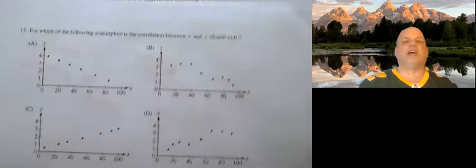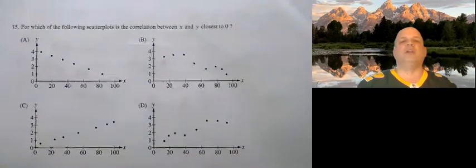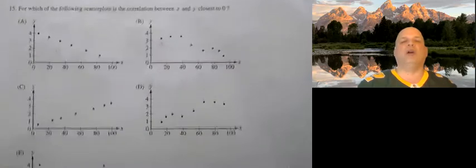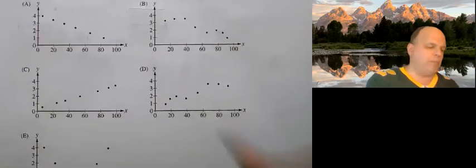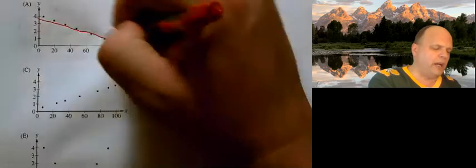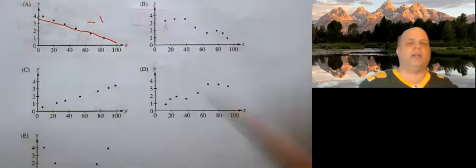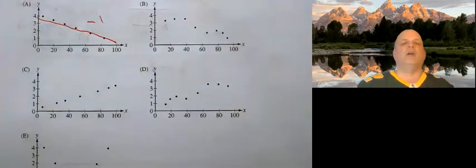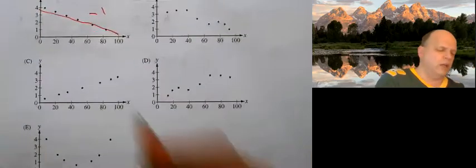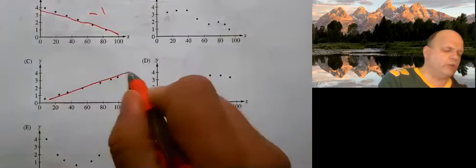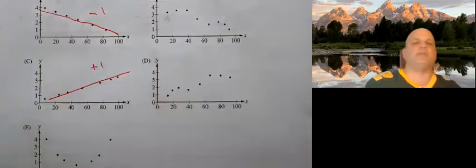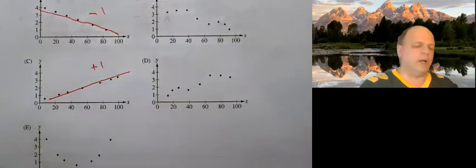For which of the following scatter plots is the correlation between X and Y close to 0? Well, this one is almost a straight line. It's going to be close to -1, and it's negative because it's going down. When I look at C, it's going up and it's close to a straight line, so that's close to +1 because it's going up.